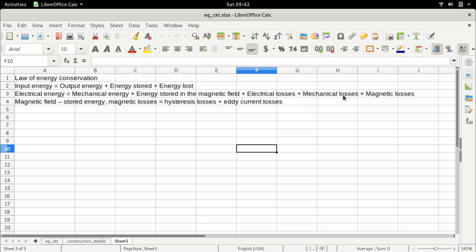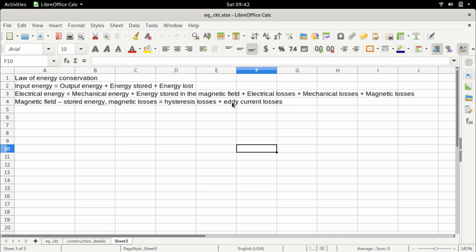The mechanical losses are mainly, you could say, frictional losses. There could also be some other forms of losses, maybe not exactly friction, due to vibration, but these mechanical losses are also there. And the last are, of course, magnetic losses. Magnetic losses are the losses which are there in the magnetic field. These are, you could say, hysteresis losses, eddy current losses, and there may be a few others which might be a little complicated for us to model.